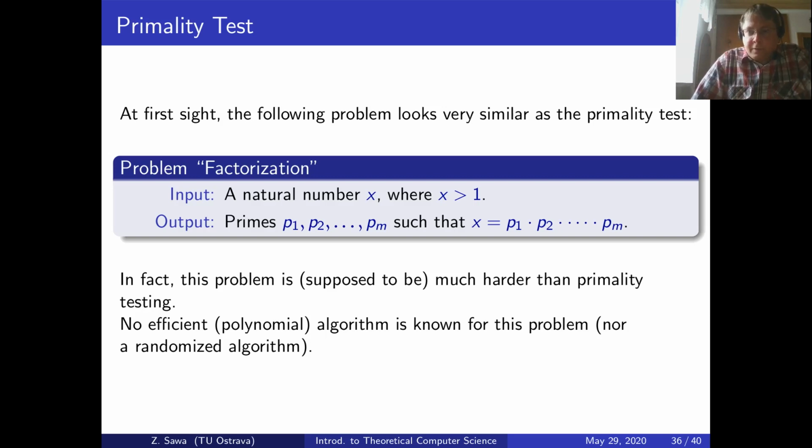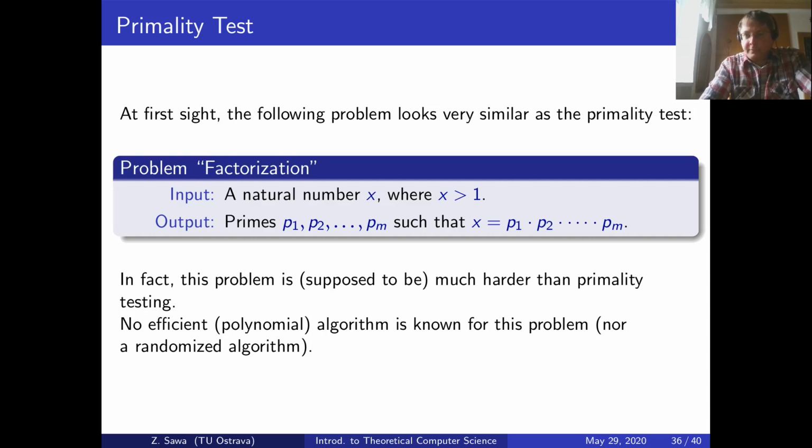For such a problem, it's difficult to find the primes from which x was obtained, and the certainty of some cryptographic algorithms, that they cannot be broken, is based on the fact that there is no known efficient algorithm. Not even a randomized algorithm is known for this factorization problem.